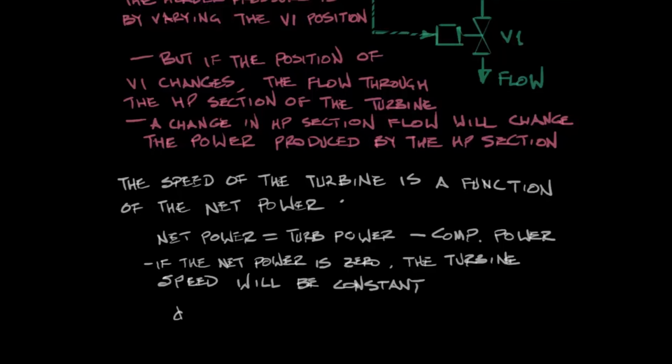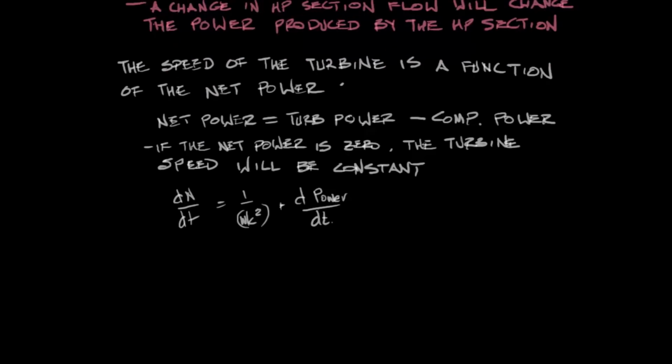So, if we want to look at some algebra and calculus like we did on the flow example, the time rate of change of the speed, which would be acceleration, is a function of the time derivative of the power and inversely proportional to the inertia. In other words, if we have a high inertia in our rotor, that'll resist any changes in the speed for a given power imbalance.